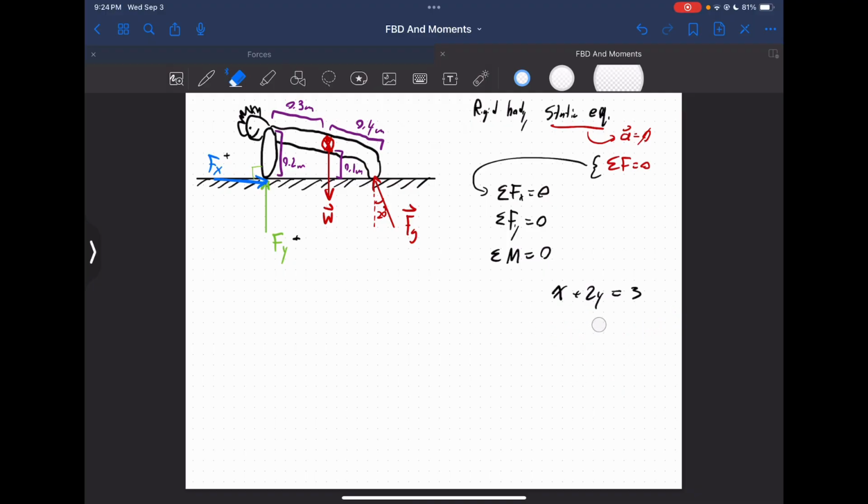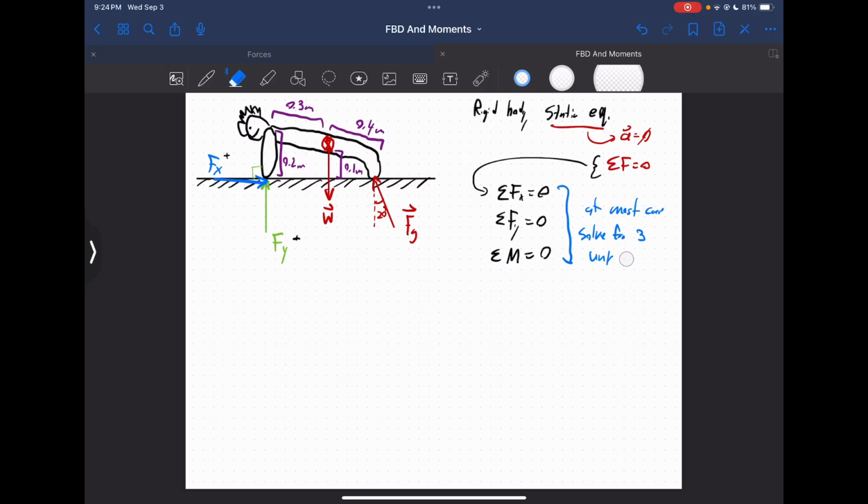So basically, the point I'm getting at is, in this case, we'll always have three equations. So at most, we can solve for three unknowns.